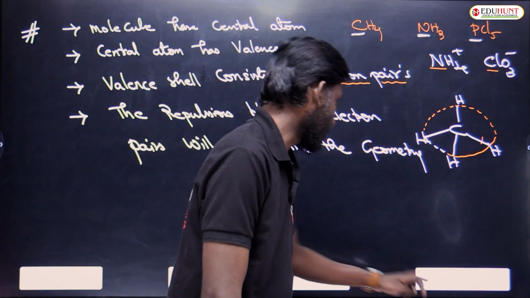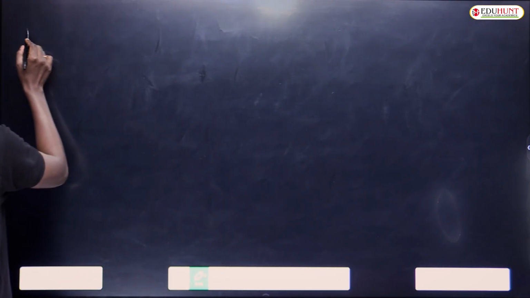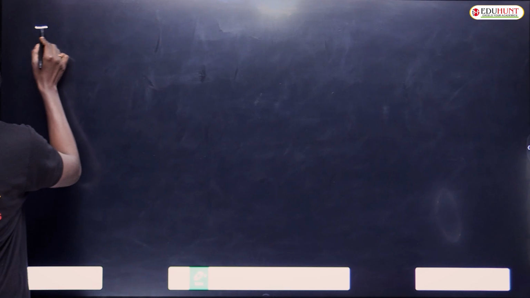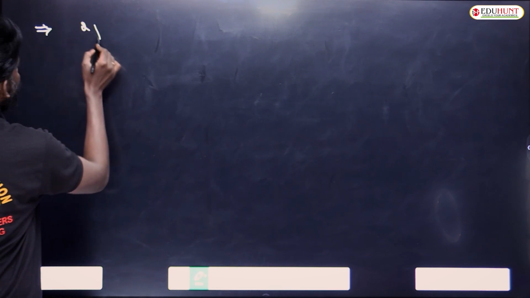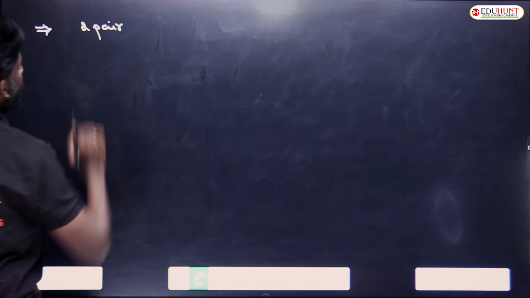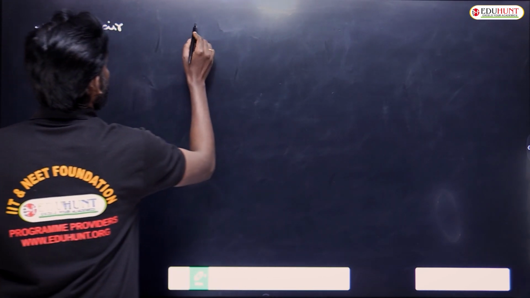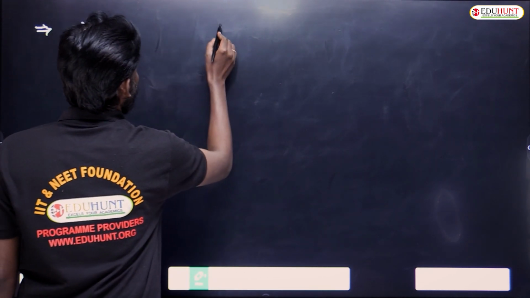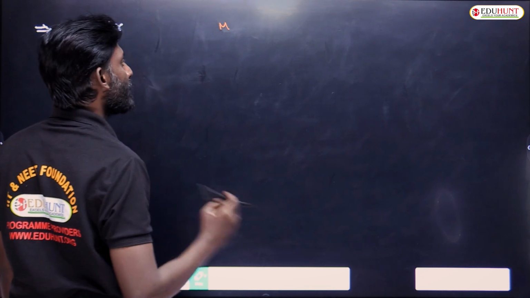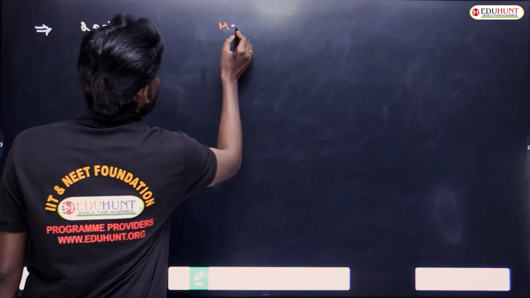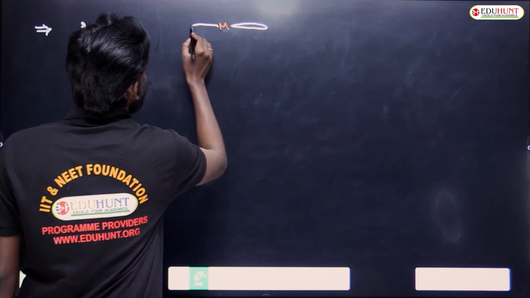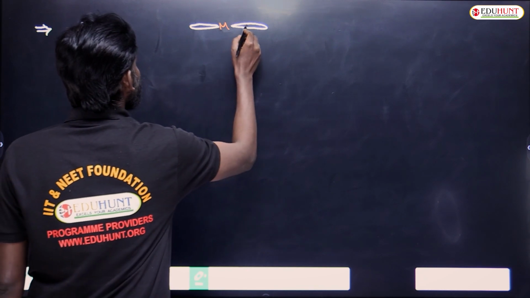Like that. According to Sidgwick and Powell, for suppose if there are 2 pairs around the central atom, like if this is the central atom and there are 2 pairs, the geometry which gives minimum repulsions is linear.